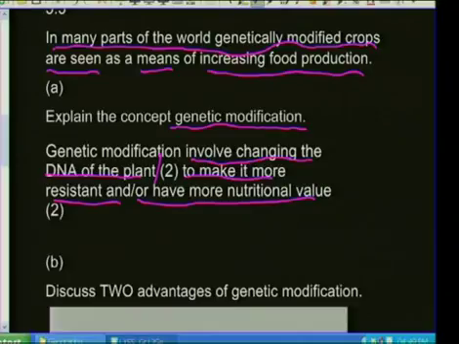We never know. But in this case, 2 times 2 is 4, so you have to give 2 little things, and we split it up here. We emphasized the DNA of the plant, and we then took it further to make it more resistant, which here would have given you 2 marks, 2 plus 2, which is 4. Or you could have written genetic modification involved changing DNA of the plant to have more nutritional value.